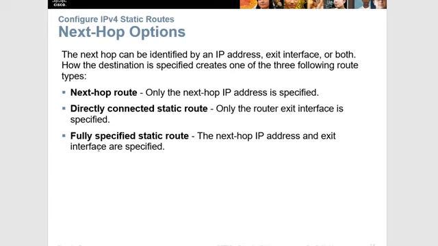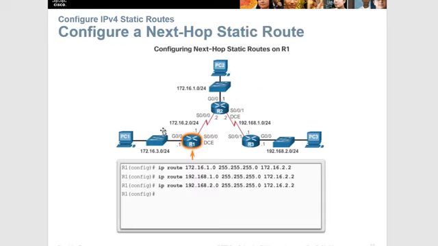You will need to use those in some situations, but generally speaking, the directly connected route is considered to be better than your next hop route in most situations. Okay, because we'll talk about the next hop route, but it has something called a recursive lookup that we'll discuss.